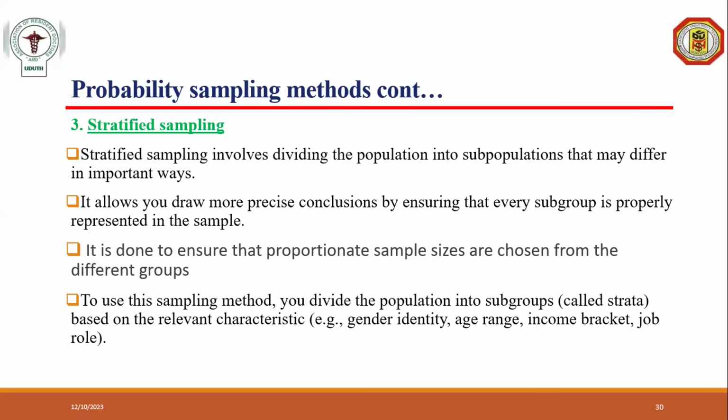It means you have doctors' data, which is one single stratum for them. You have nursing stratum, you have pharmacy stratum, you have lab scientist stratum. So in case, for example, you have 4 strata: doctor stratum, nurses stratum, pharmacy stratum, and lab scientist stratum.